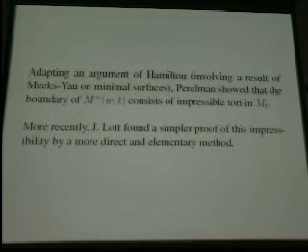Then adapting the argument of Hamilton, which actually involves using the result of Schoen-Yau on minimal surfaces, Perelman showed that the boundary of this consists of incompressible tori. So these tori here, when you cut off, we already know are tori.